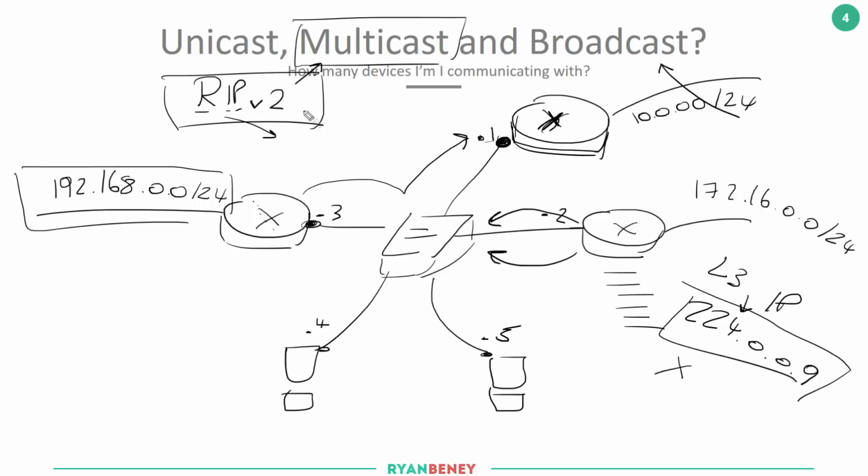So what we have again is multicast, where even though they're all on the same segment and the same subnet, only 3 of the devices are communicating through multicast communication.